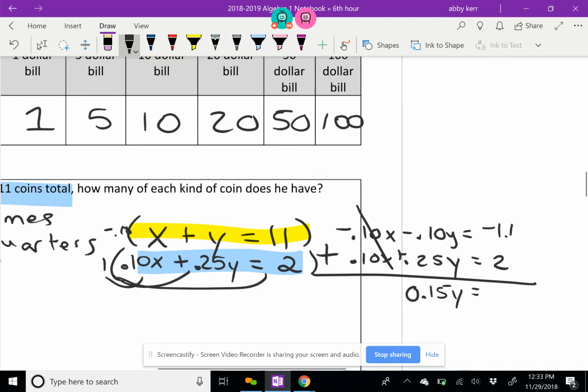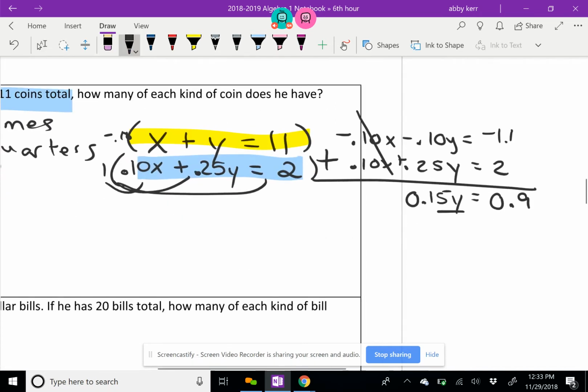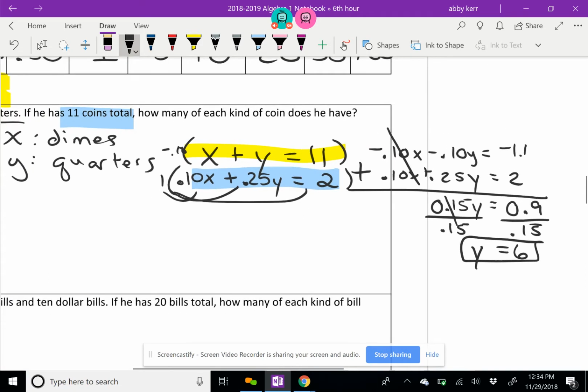Negative 1.1 plus 2 is 0.90. So if you divide that by 0.15, you're going to get 6. Now, that is just how many quarters he had in his pocket. We need to find how many dimes he had.